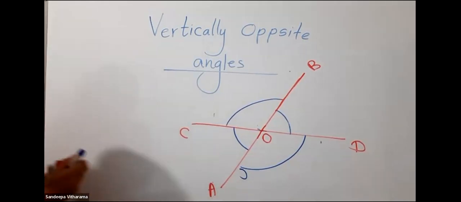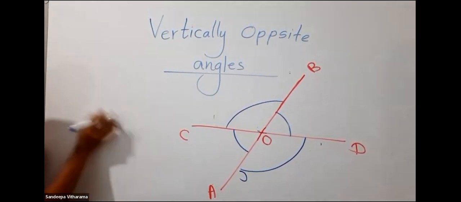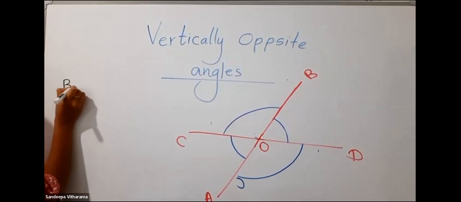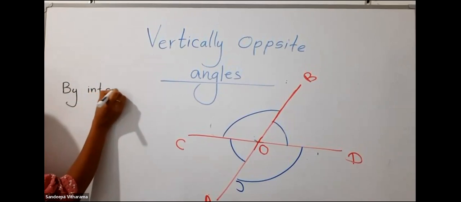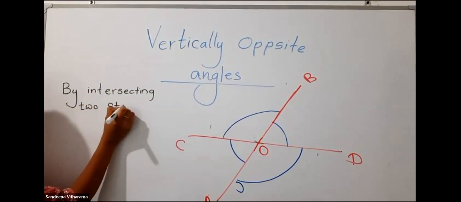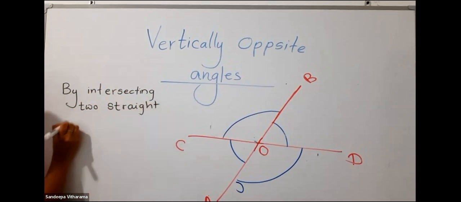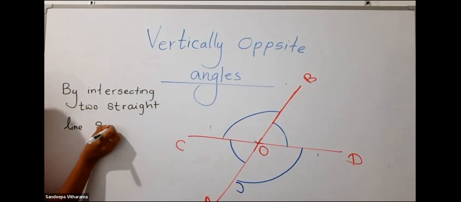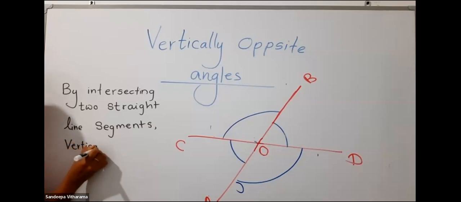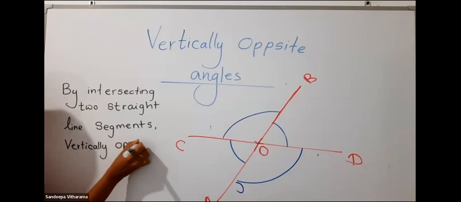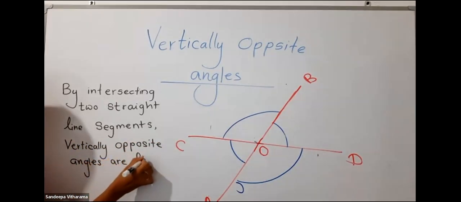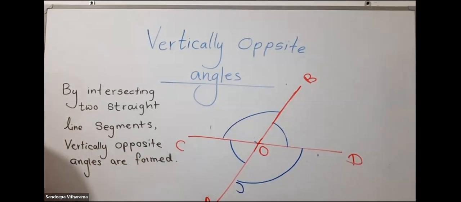Then after writing it down, and after drawing this one, you can analyze: by intersecting two straight line segments, vertically opposite angles are formed. Okay.